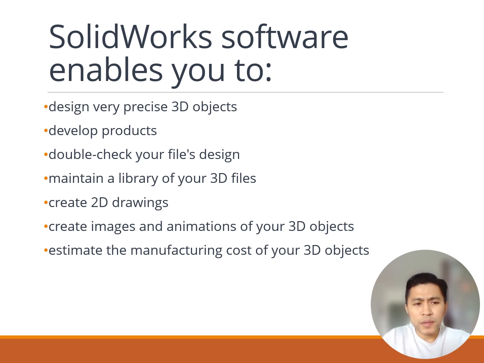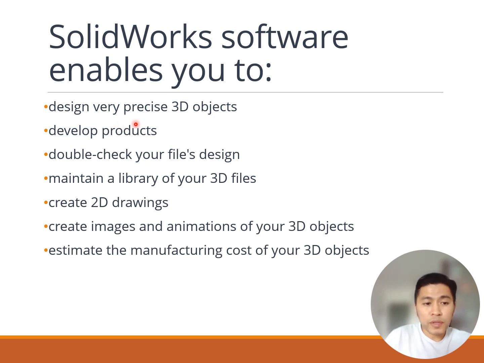So what does SolidWorks software enable us to do? We can do a lot of things using the SolidWorks application. We can use it to design a very precise 3D object.